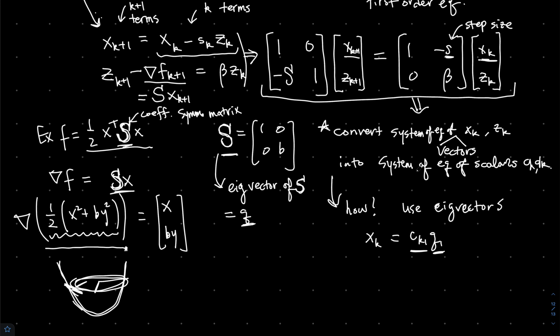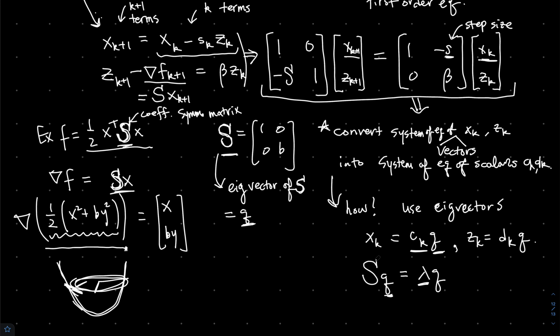So let's just think of one eigenvector. Let's write xk as ckq and zk as dkq. So we're assuming that xk and zk only depend on the single eigenvector. Now, what is Sq? This is lambda q. This is the eigenvalue that corresponds to this eigenvector.